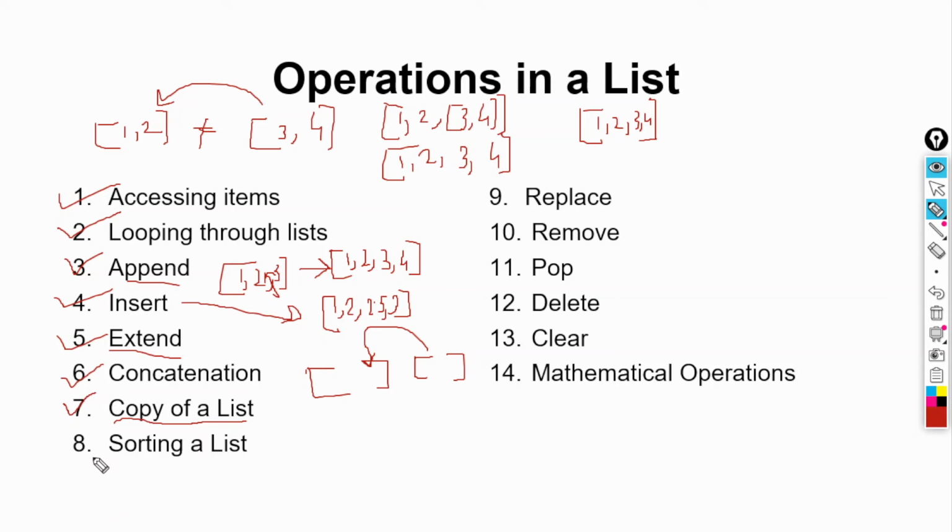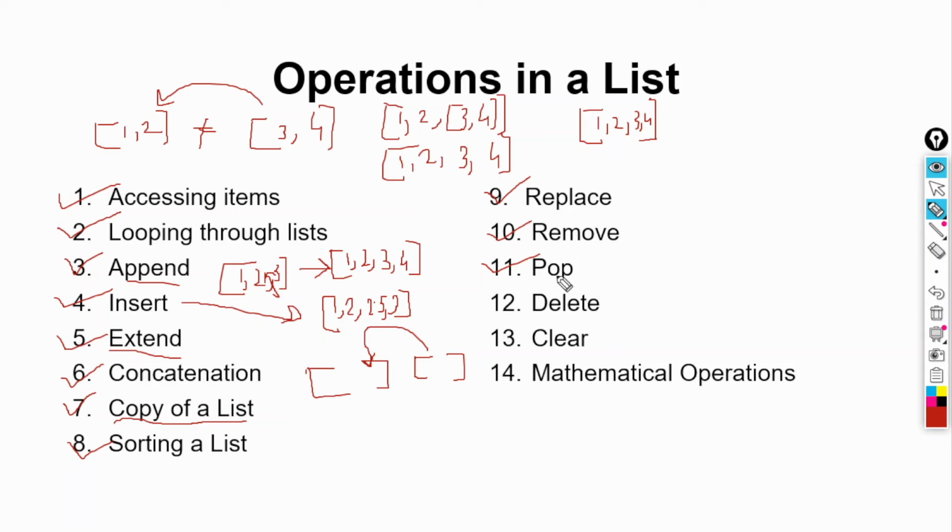Sorting of a list. A list also contains inbuilt sorting operations. We also learn about operations like replace, remove, and pop. Replace and remove are used to replace any elements. Both have their own different methods and usage, and we'll understand everything.